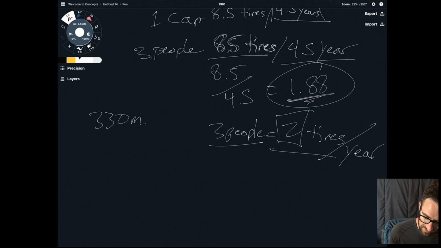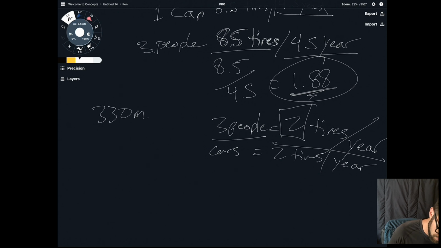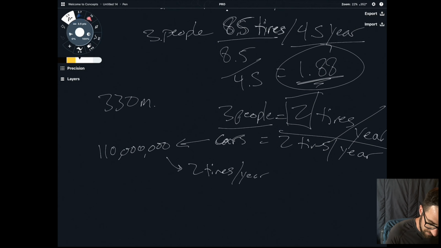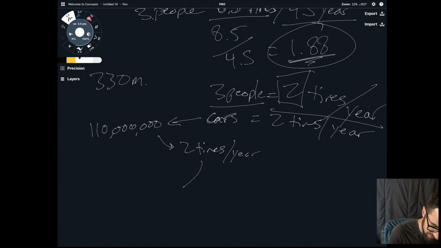So every 3 people, 2 tires per year, or cars equals 2 new tires per year. Which means we know how many cars relative to the population, it's 3 people per car, and so we have 110 million vehicles, each of which is buying 2 tires per year, which means we now have our answer, right?